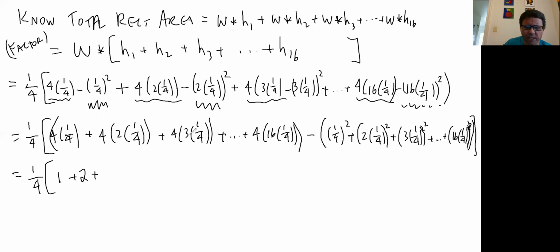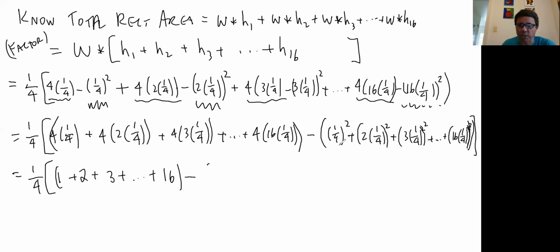So why do the multiplication and then divide back out by 4? You don't need to do that. 12 divided by 4 is 3, but you can also see that you can cancel when you're doing these products. So that's going to be 3. And then the next one will be 4, and the next one will be 5. And the last one here, 4 times 16 times a quarter, you can cancel the 4s and you'll get 16. Yeah, that looks nice. Those numbers added up. I can probably do that.